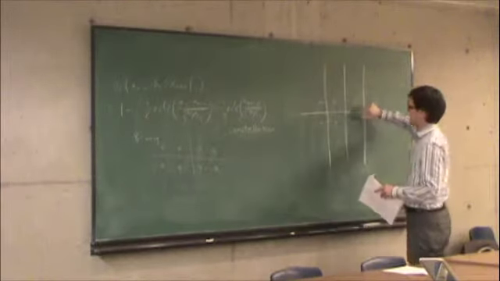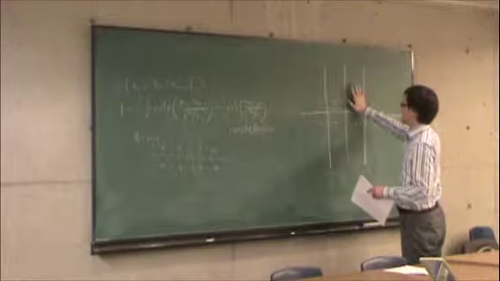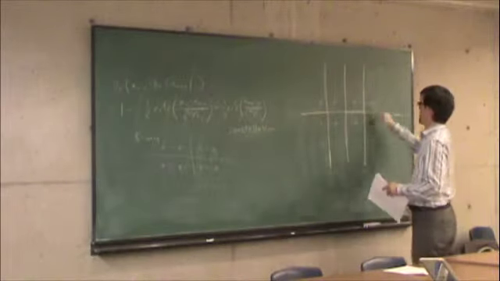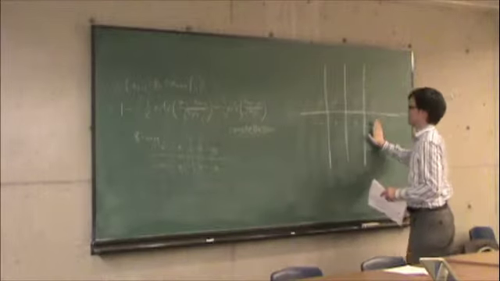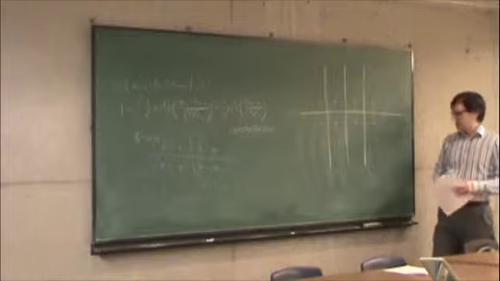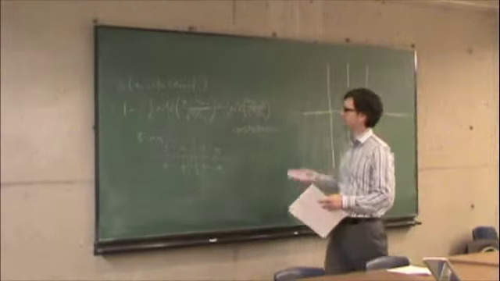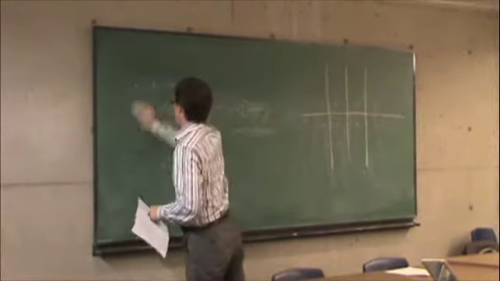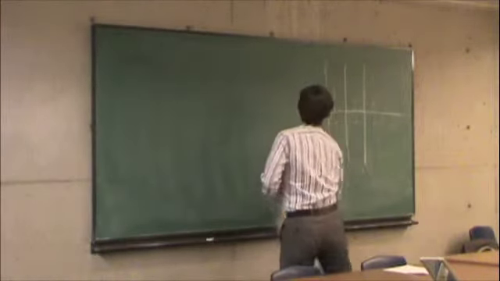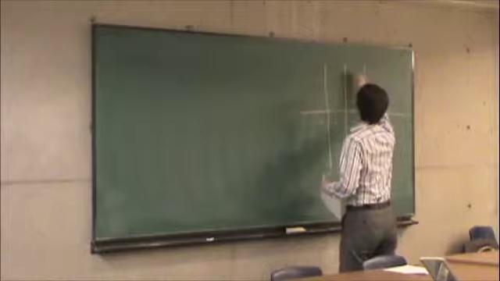In other words, I have 4 Voronoi regions of this type, those 4, and 4 Voronoi regions of this type, 1, 2, 3, 4. So let's call this a type 1, and let's call this a type 2.